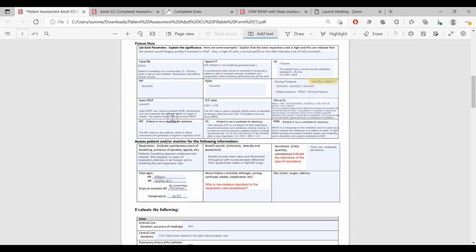So the patient is not assisting, right? Yeah, the ventilator is set at 20 and their total respiratory rate is 20. So I would want to know the connection. Did the bleed into the brain affect the drive to breathe? Did it affect the brainstem? If you were to take this person off the ventilator, would they have no respirations because their brainstem is damaged? That is a good question.